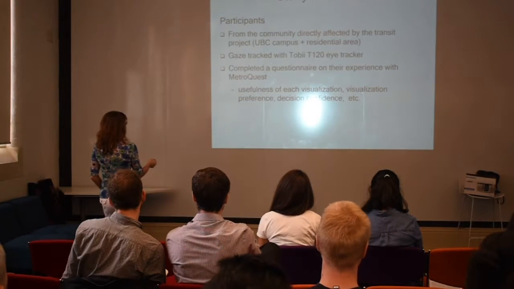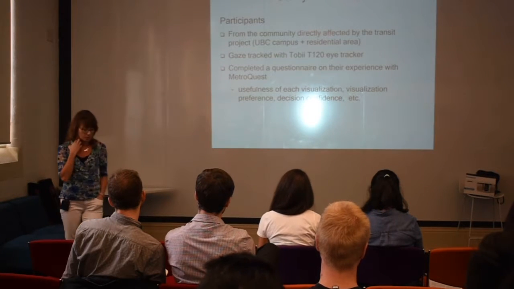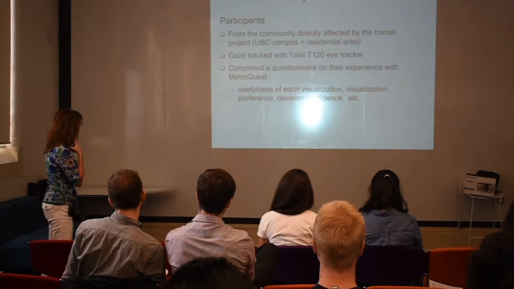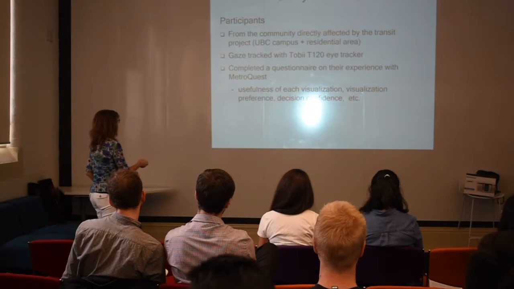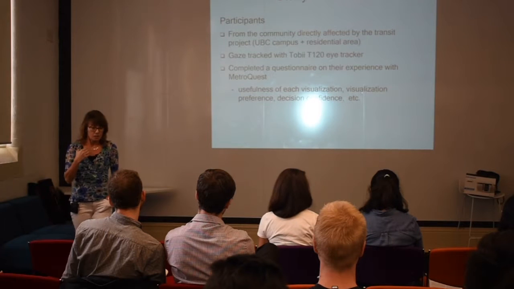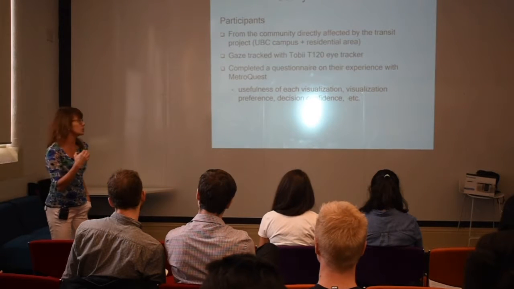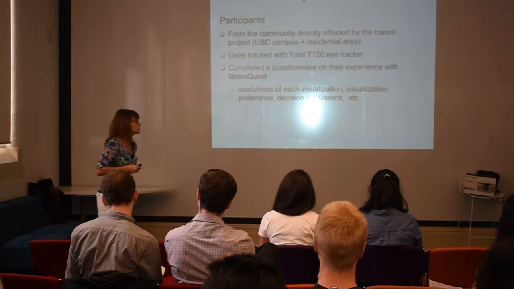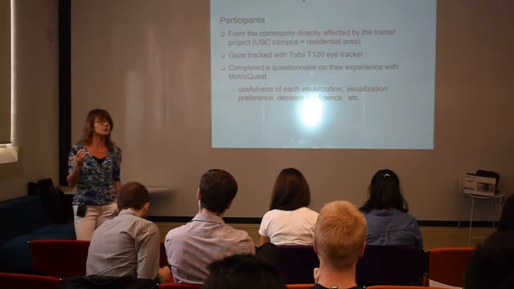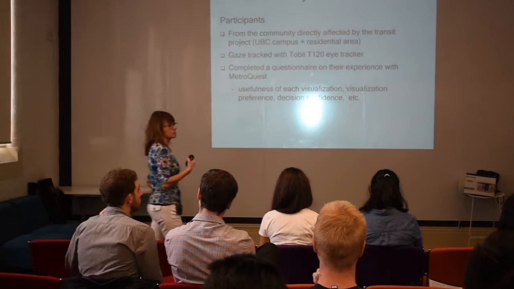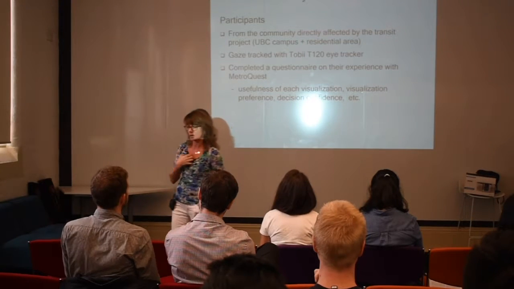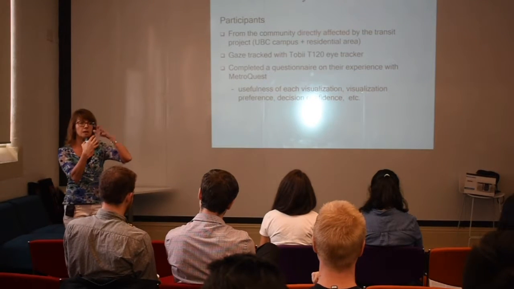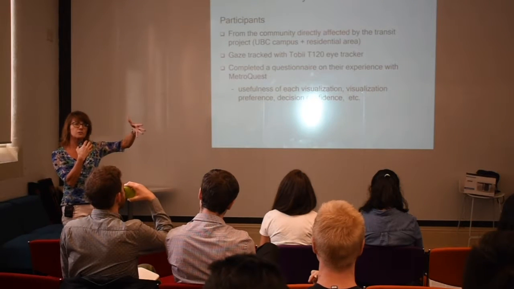We still tracked the gaze of our users with this Tobii tracker, and at the end of their session, users completed a questionnaire. They rated the usefulness of each visualization, which one they preferred, and also how confident they were in the ranking that they gave on the 3 scenarios at the end of the interaction.